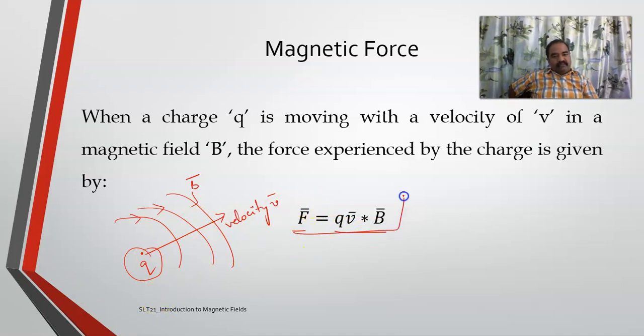Try to remember this particular expression. We will see more on this in the next video lecture. Do remember this is the force experienced by the charge which is moving at a velocity of v in a magnetic field of flux density B. Do remember V and B are vectors, F is also a vector, and this is a cross product between them.